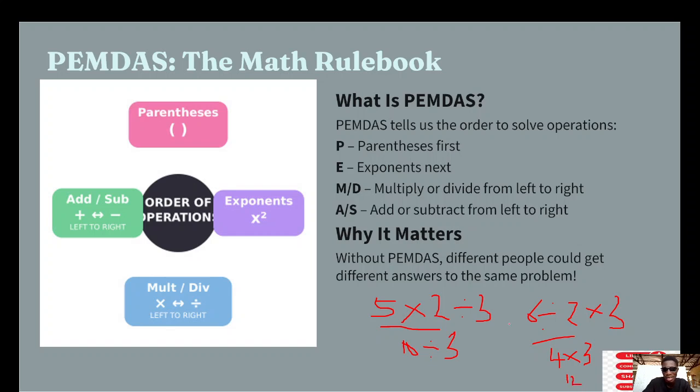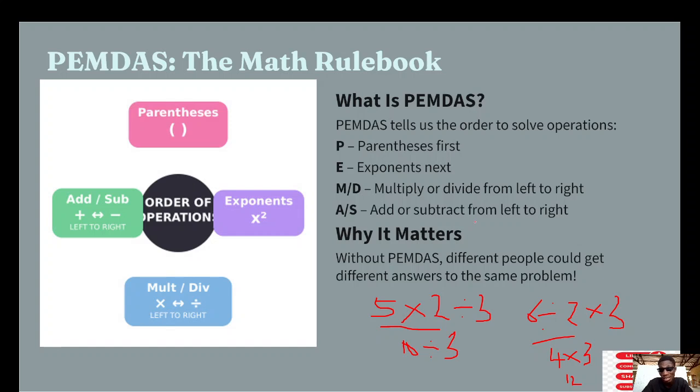The same applies to addition and subtraction, also from left to right. If addition comes first and then subtraction, you do the addition first. If subtraction comes first, do the subtraction before you move to the addition. And remember, always follow this order carefully, or you will not get the right answer.